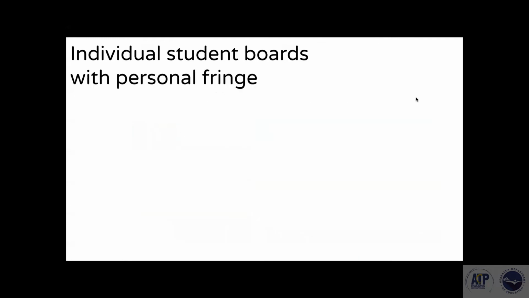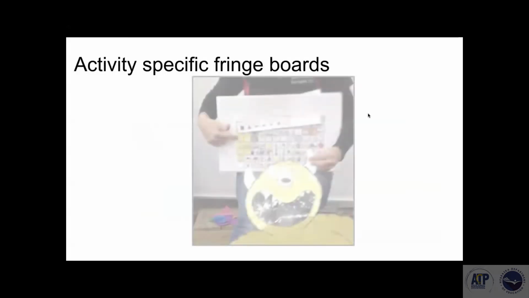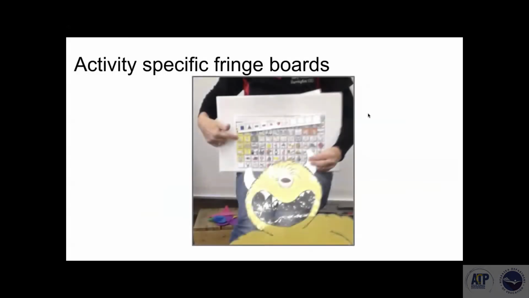So here are some examples of how we embed core just through our students' individual boards. We will add personal fringe, or I call it the personal core vocabulary, for them that's important to them at the top often. We also have activity-specific fringe boards. So at the top, there's that fringe vocabulary that we can pair up with the core words to help expand language and go specifically with that activity.